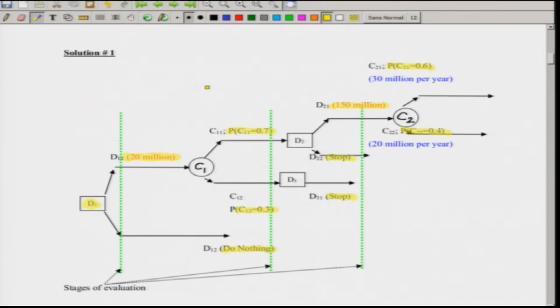And do nothing means basically we do not go for the project, that means we just stop at that stage. So, you have to basically balance all the alternatives amongst each other, so as to arrive at the best decision which is possible.